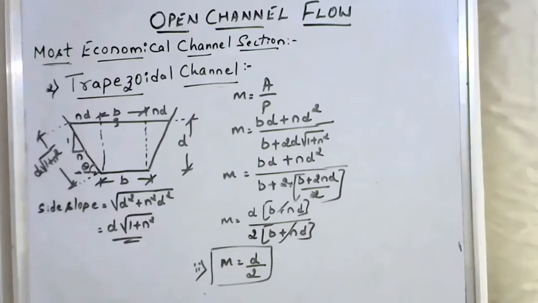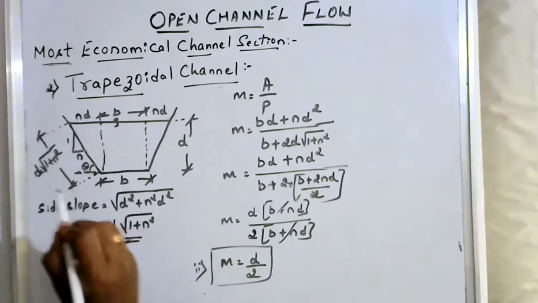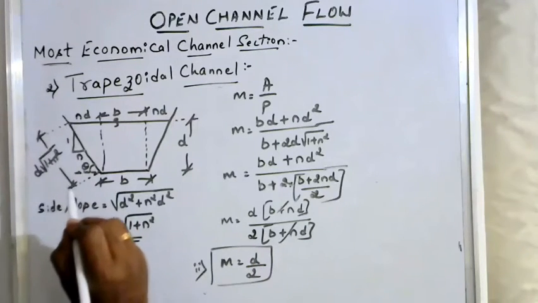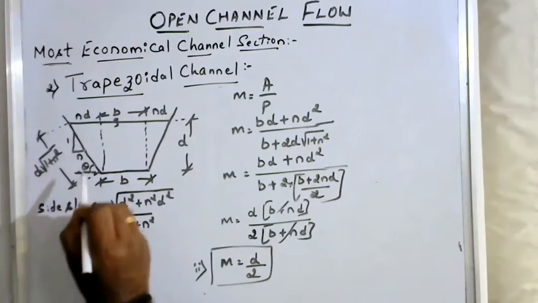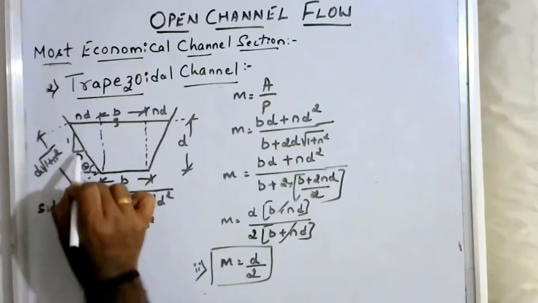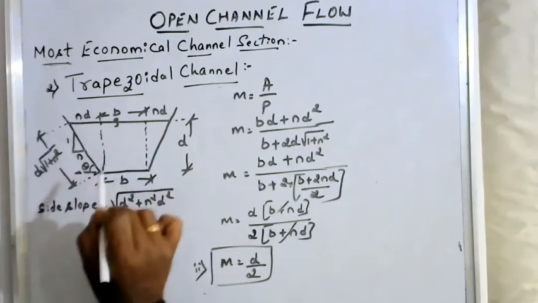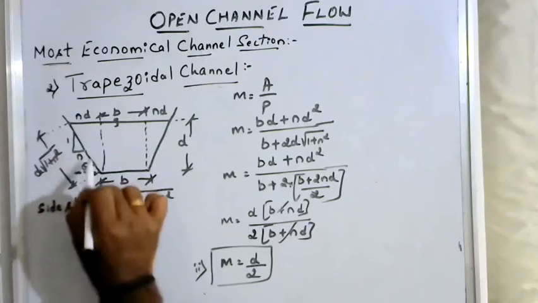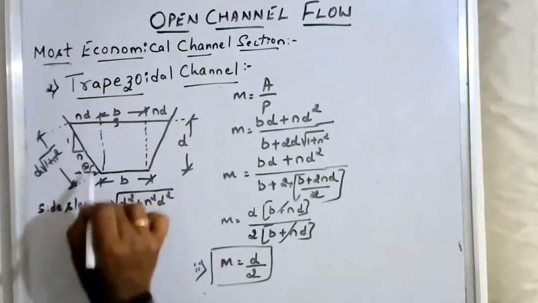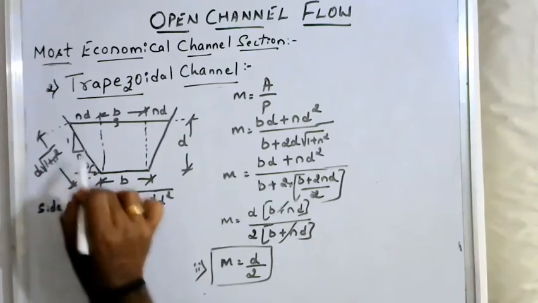In order to get the side slope of the particular trapezoidal channel, I need to take the wetted perimeter P, differentiate it with respect to the slope n, and equate it to 0. You'll get the value of n. Thereby, you can find the value of theta, because this is nothing but a triangle.